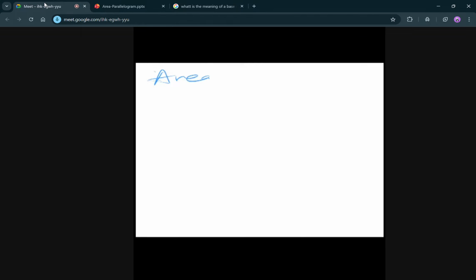The area of that parallelogram is simply the base times the height, which is b times h. Let me use b and h in order to save space. You said the base is 10 cm, the height is 5. If you multiply 10 times 5, what would that give you?